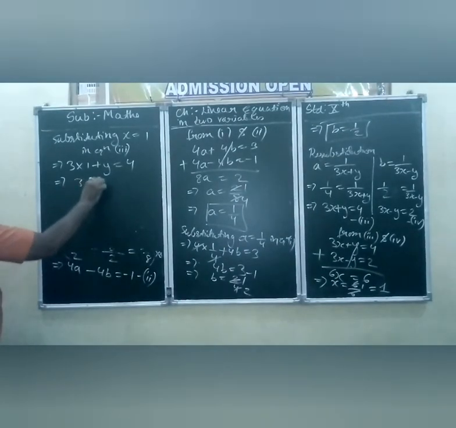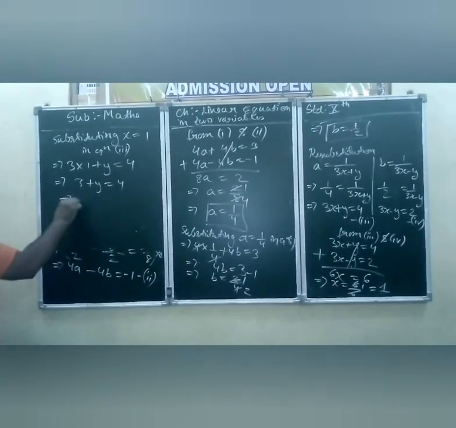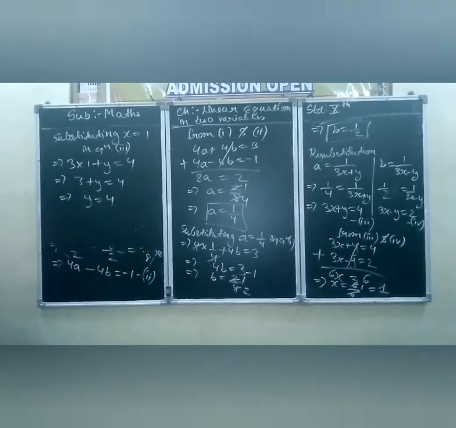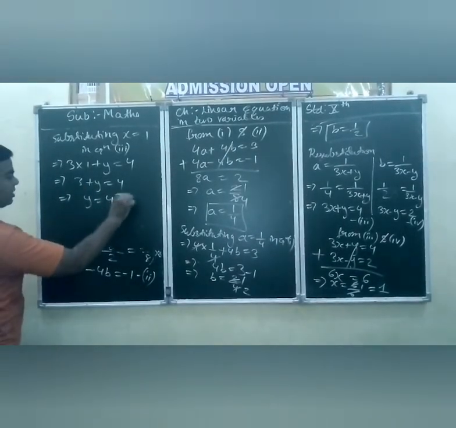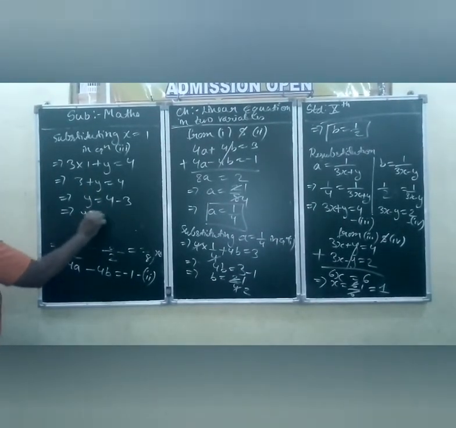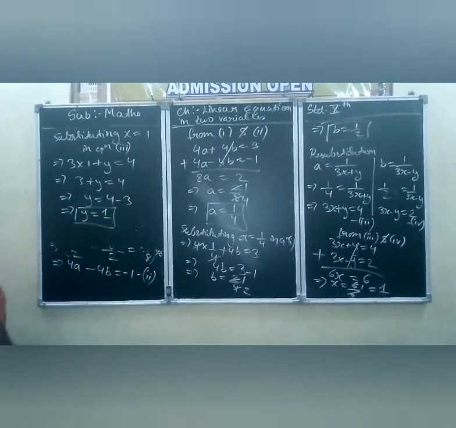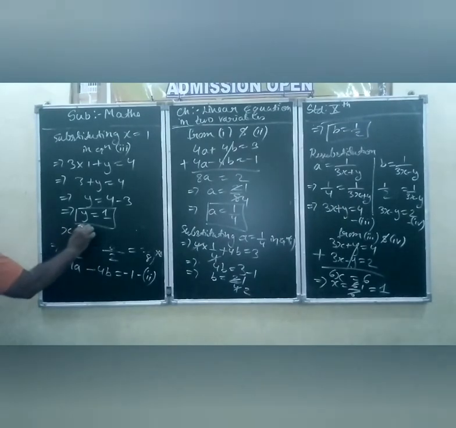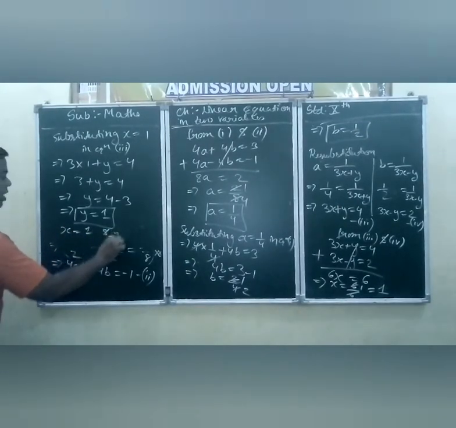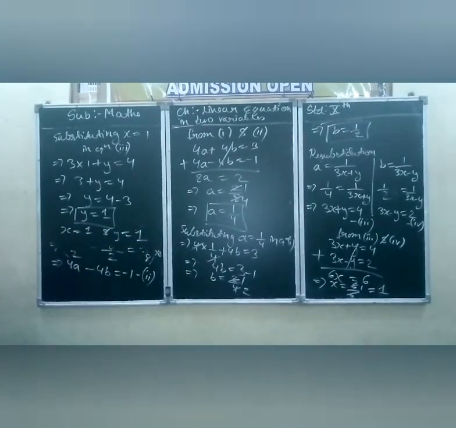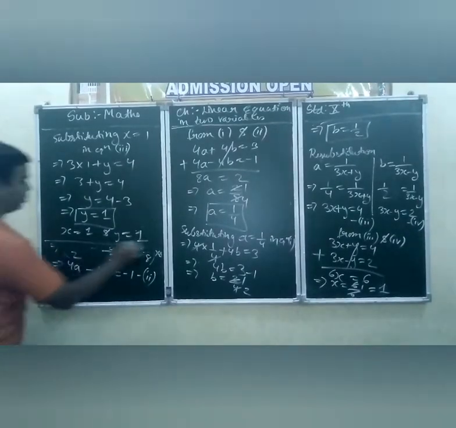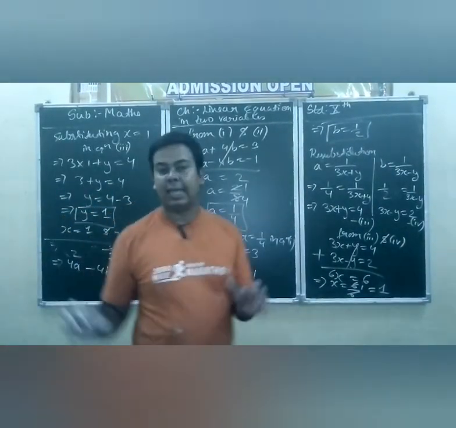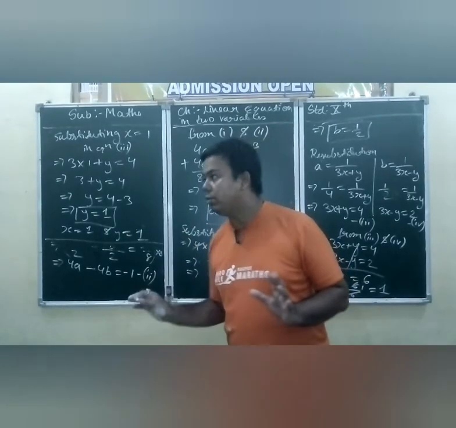So 3 plus y is equal to 4. Y is equal to 4 minus 3 transpose. So y is equal to 1. So x is equal to 1, and y is also equal to 1. Okay? Over. Exercise 3.6 question first is over.